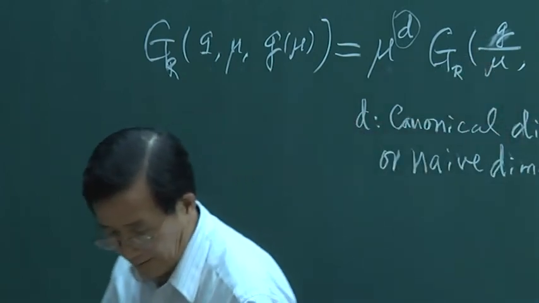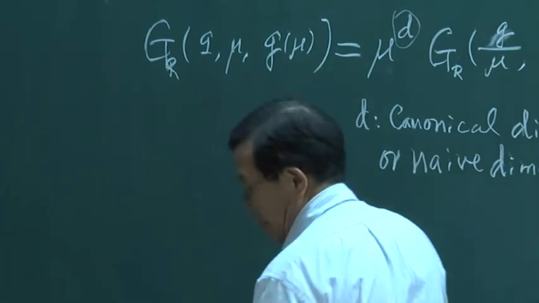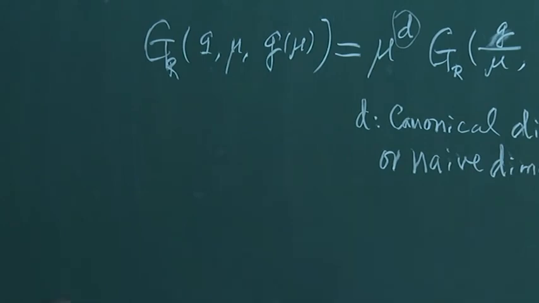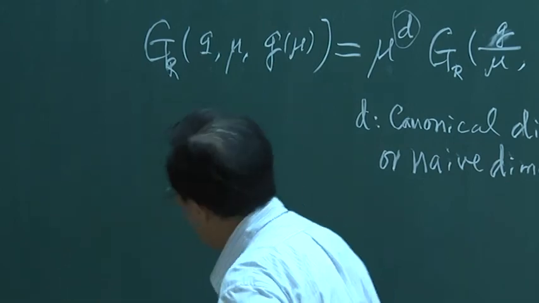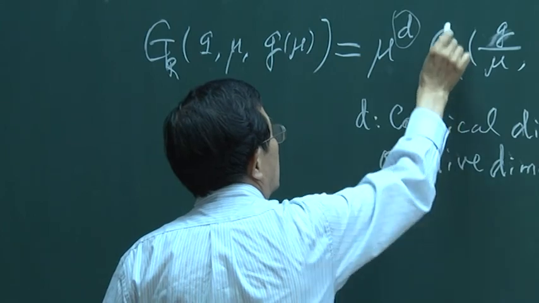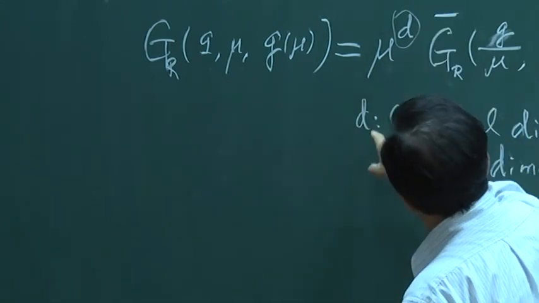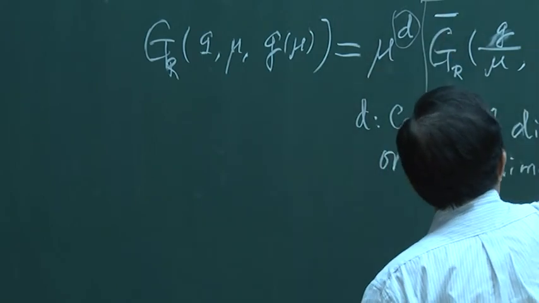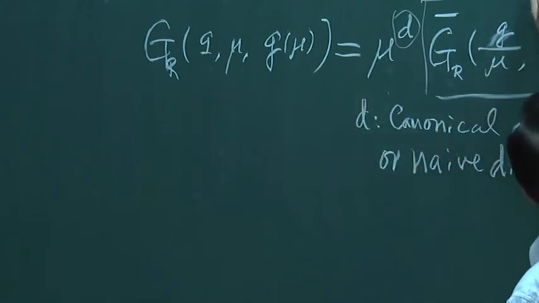However, let me call this G_R. So once I take this dimension out, this will be dimensionless, because this already takes care of the dimension of this G_R.